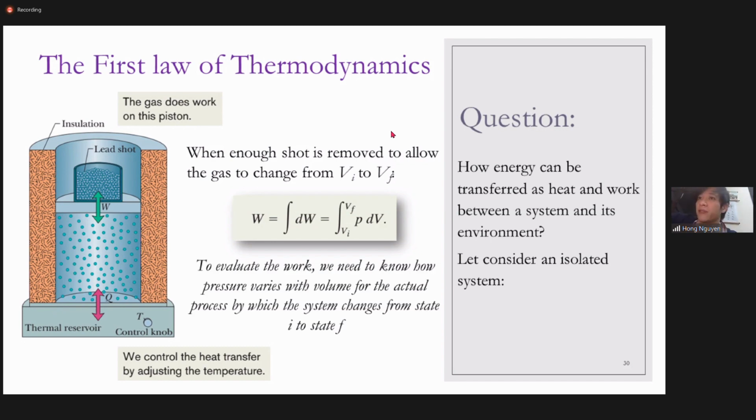Here, the meaning of this formula is that to evaluate the work, we need to know how pressure varies with volume for the actual process by which the system changes from state I to state F, from initial state to final state. This is the meaning of this formula.